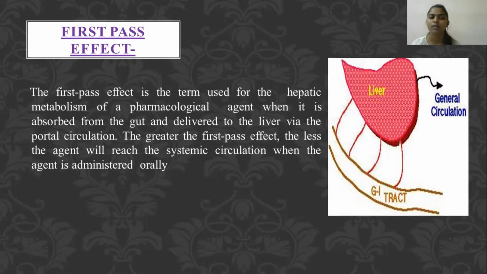So first pass effect means hepatic metabolism: once we administer a drug, it is absorbed in the GI tract and delivered to the liver via portal circulation, which is known as first pass effect.